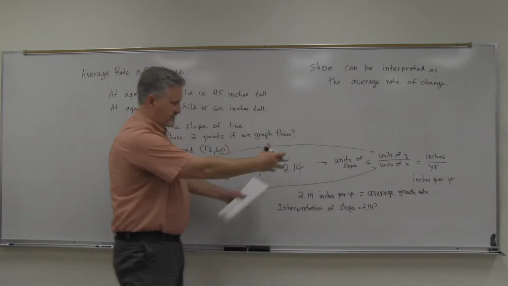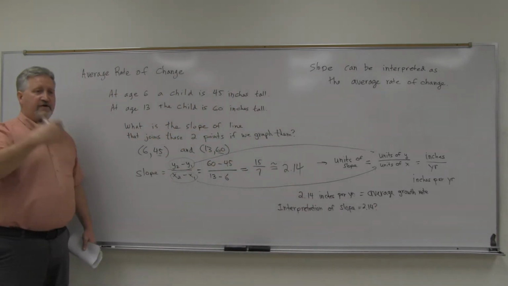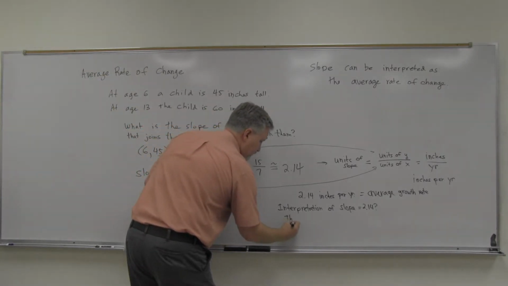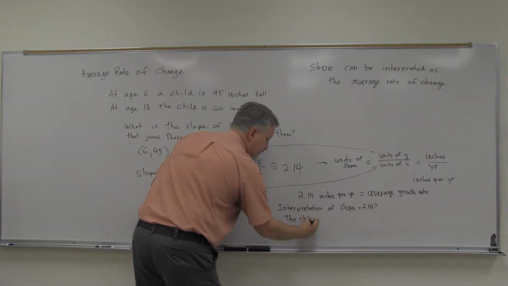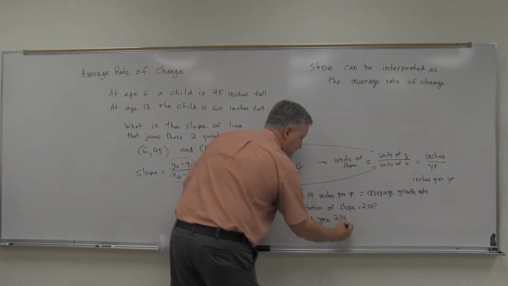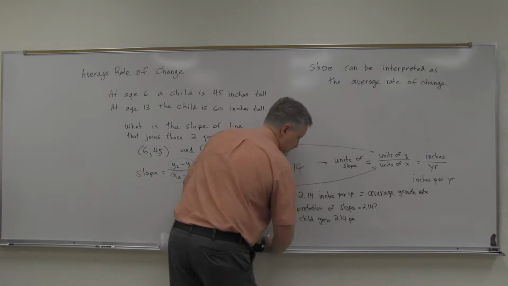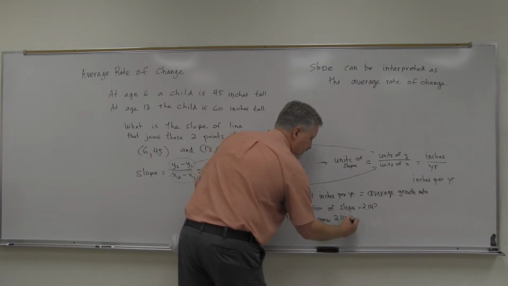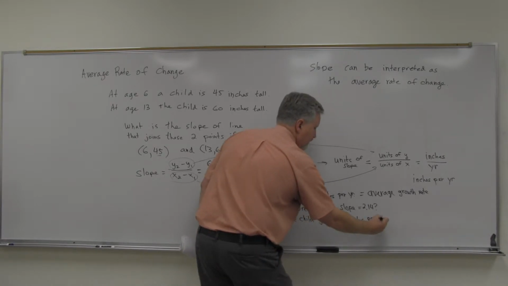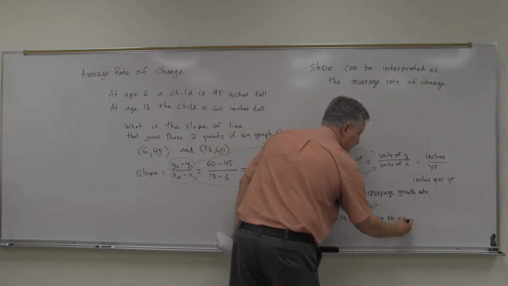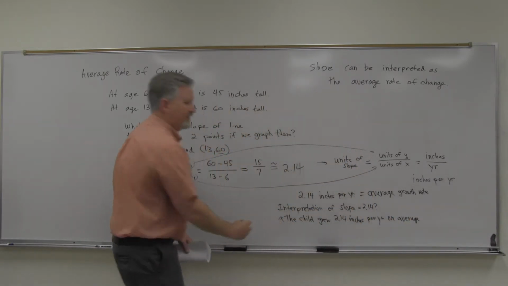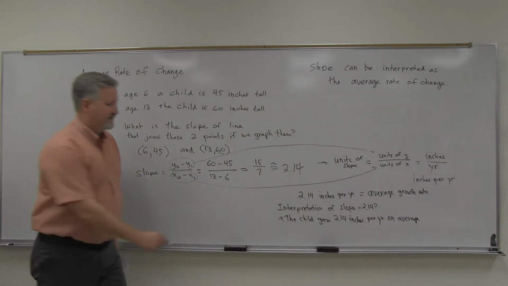Well, like we said, that tells me that the child grew 2.14 inches per year on average. So that's the phrasing. If it says interpret, that's the phrasing you use.